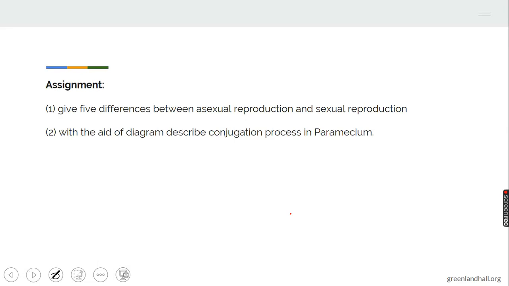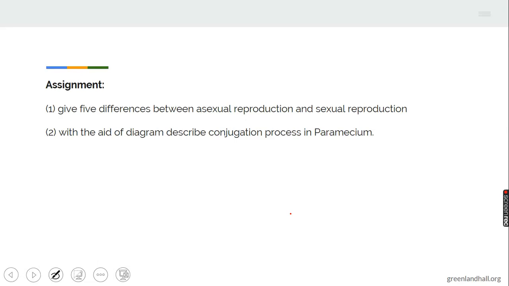Number 1, give 5 differences between asexual reproduction and sexual reproduction. Mind you, differences are better done in a tabular form.